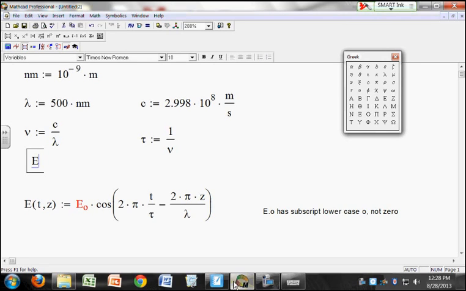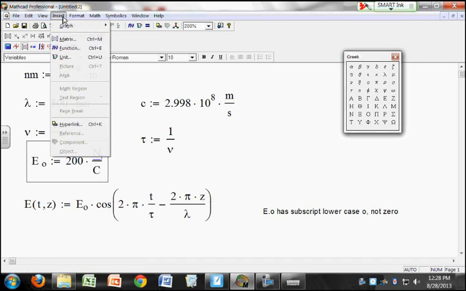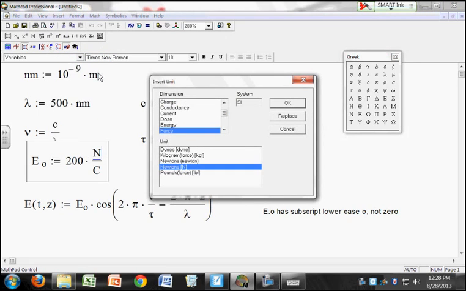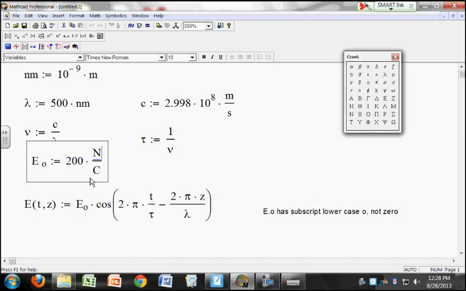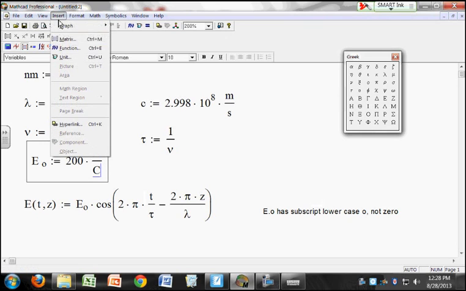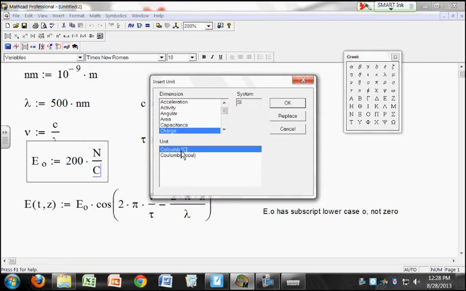So E subscript, period, lowercase o, colon, defines E naught 200 times newtons per coulomb. Just to make sure you have the right unit, using the right symbol, you can go to the unit toolbar, the unit menu, and you can say capital N is newtons. So unit of force. And C, go to the unit toolbar just to verify that that's coulomb. It is coulomb.